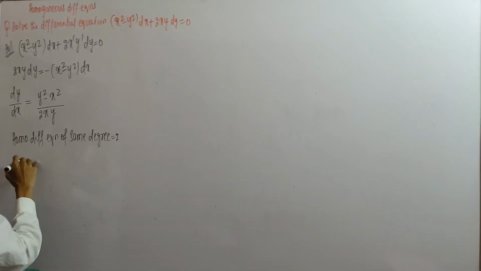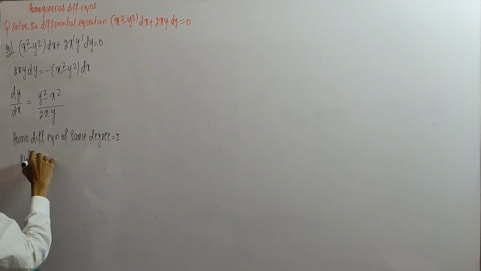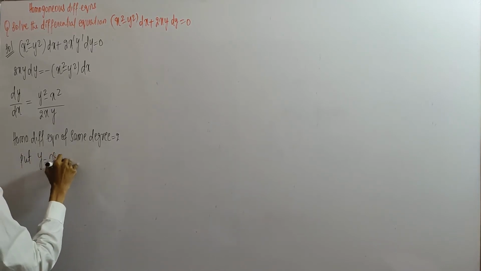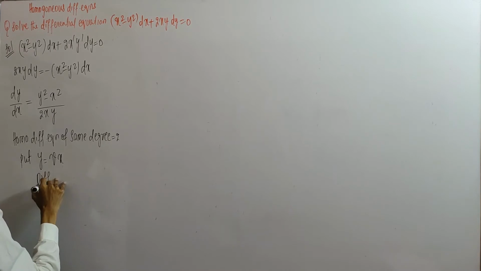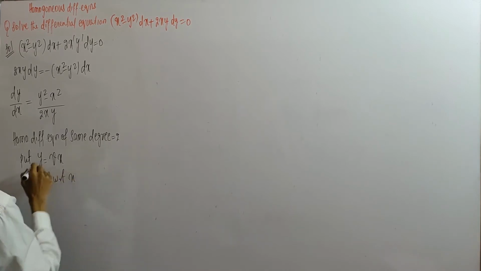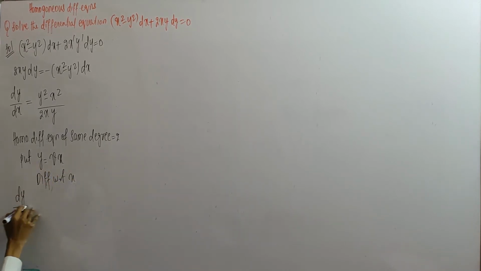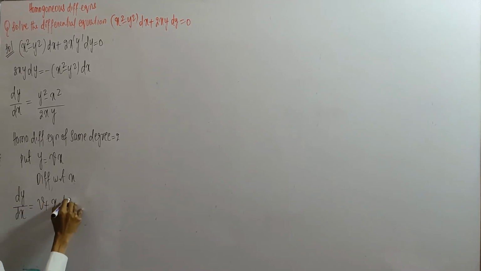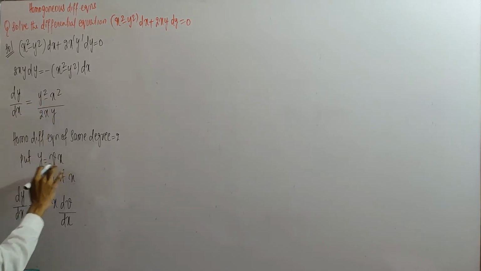Now put y equal to vx. Differentiate with respect to x. We'll get dy by dx is equal to v plus x dv by dx. Now replace this dy by dx from here, (y square minus x square) by 2xy. So y value is vx.